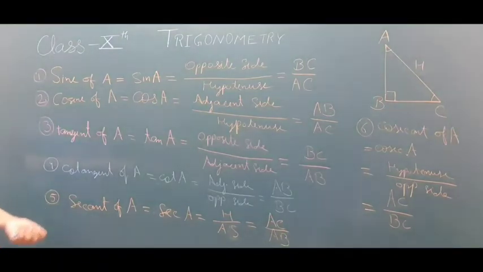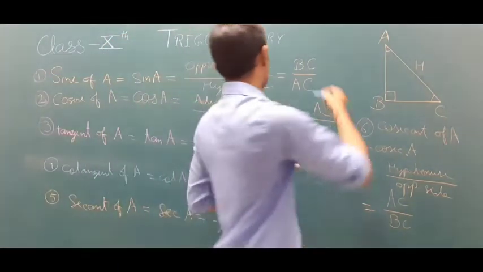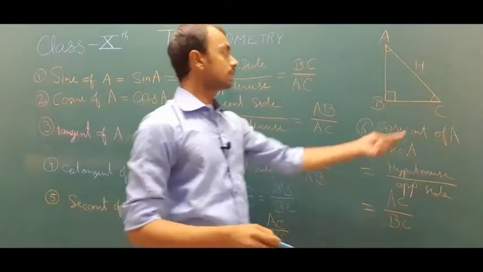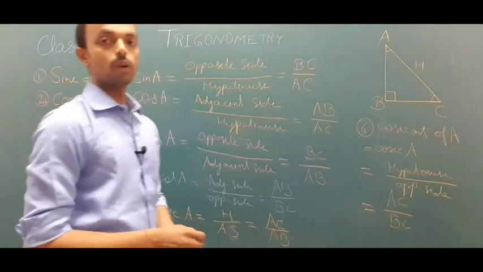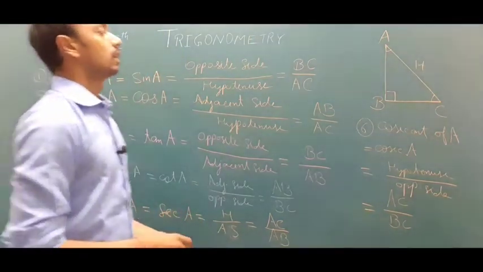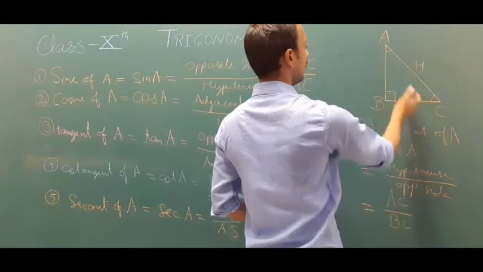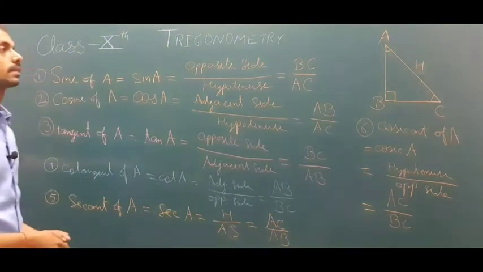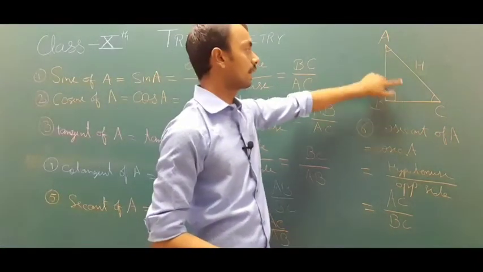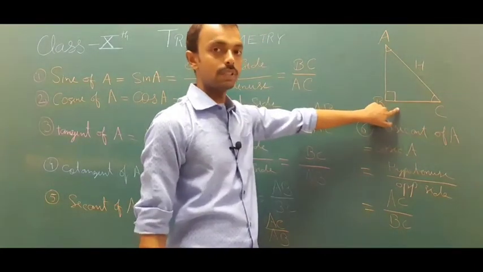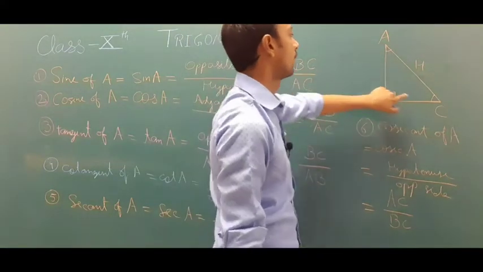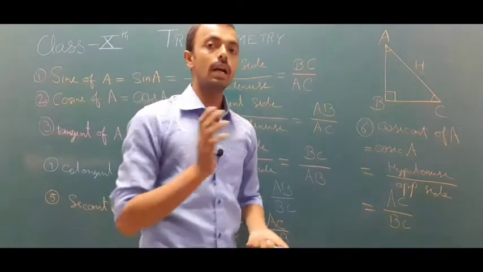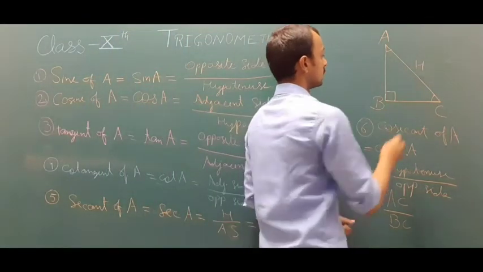We have taken angle A over here. In these ratios, we have taken angle A. If we take angle C, then what will happen? The opposite side of A will become the adjacent side for C, and the adjacent side of A will become the opposite side of C. So don't get confused with perpendicular and base, because perpendicular is the opposite side.